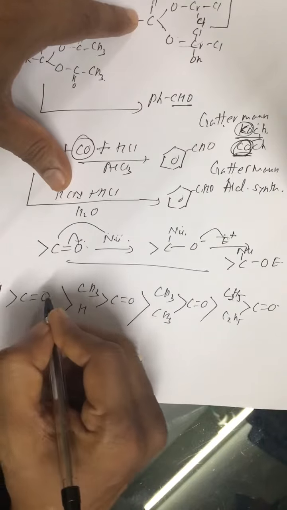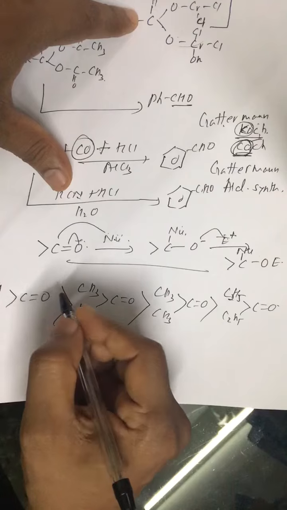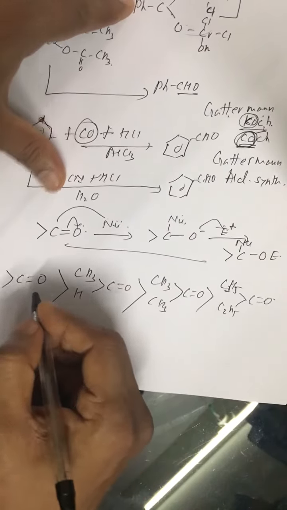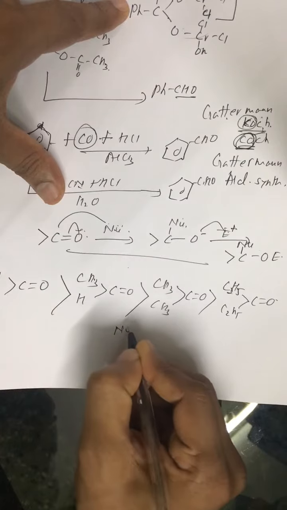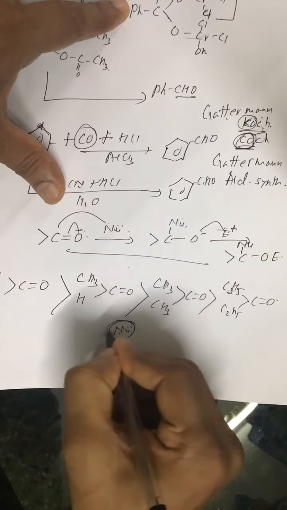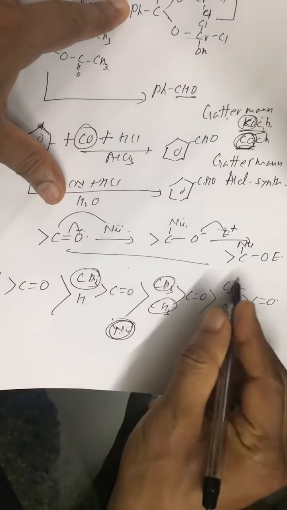The reason is very simple. There are two effects in operation. One is the steric effect, like the incoming nucleophile, which is negatively charged or electron rich, faces repulsion from these alkyl groups.